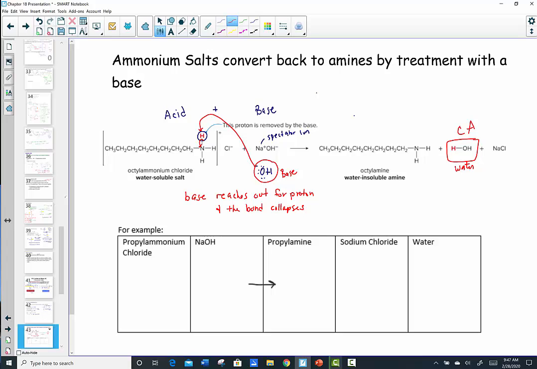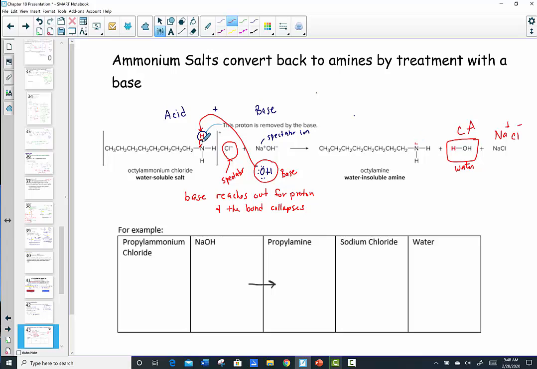And notice that the chloride also really is nothing more than a spectator ion. The spectator ion of sodium and the spectator ion of chloride will just group together based on electrical charges of opposites. Sodium chloride would be the salt that forms.